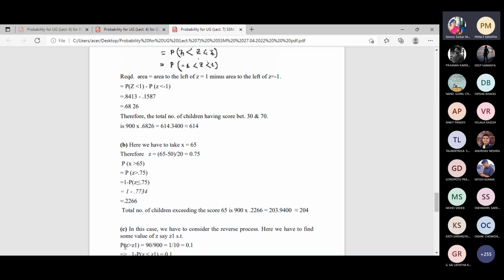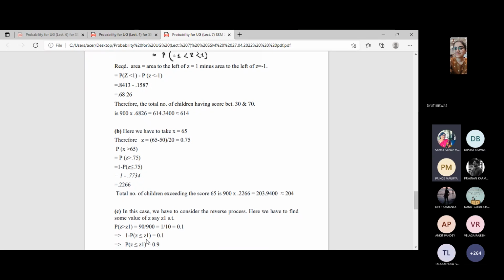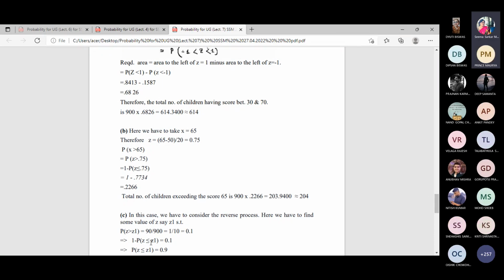So I can write probability Z greater than Z1 will be equal to 1 minus probability that Z is less than or equal to Z1, and that is equal to 0.1. I have taken the probability part on one side and the numerical part on the other side. So the probability that Z is less than or equal to Z1 will be equal to 1 minus 0.1, that is 0.9.